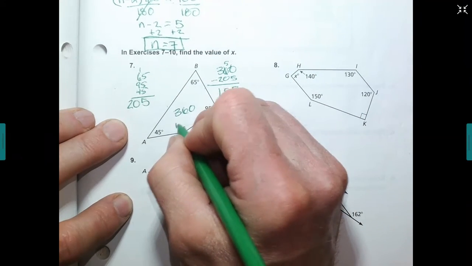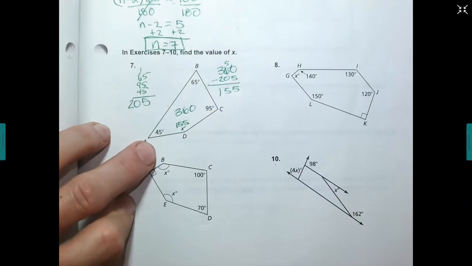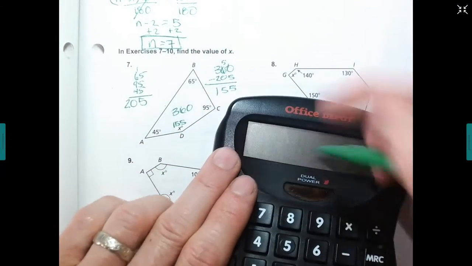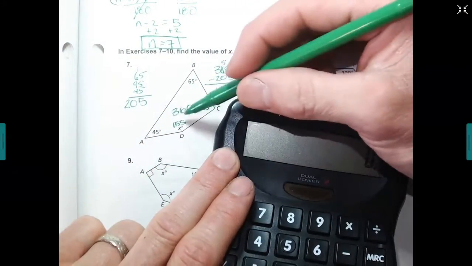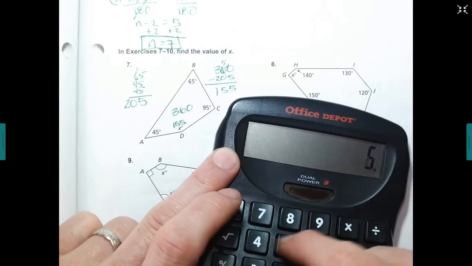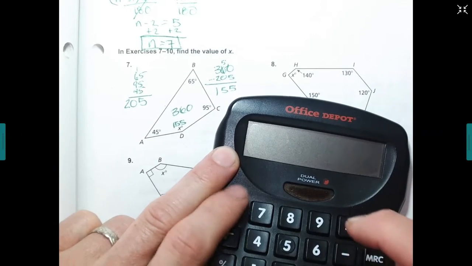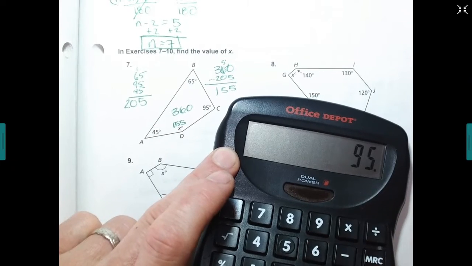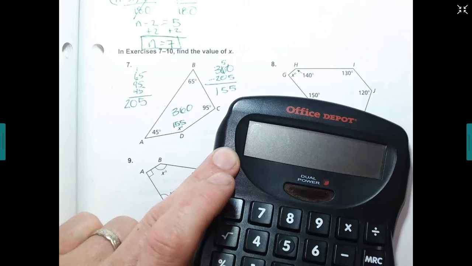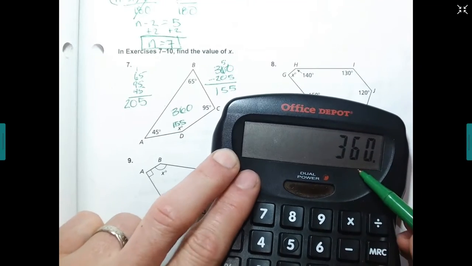So this angle should be 155. Now I'm going to double check by adding these 4, and I should get 360. So 65 plus 95 plus 155 plus 45. Sure enough, I get 360.